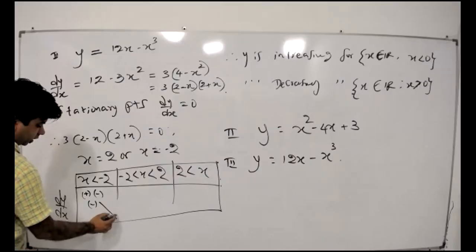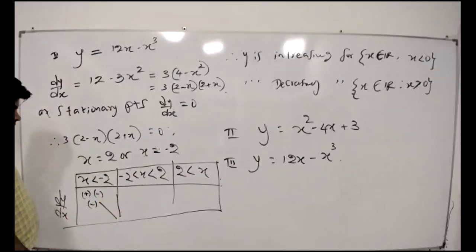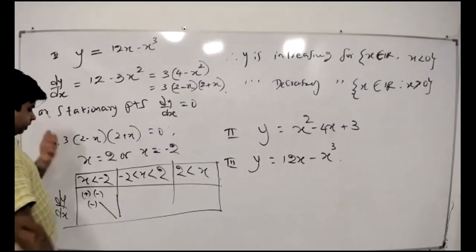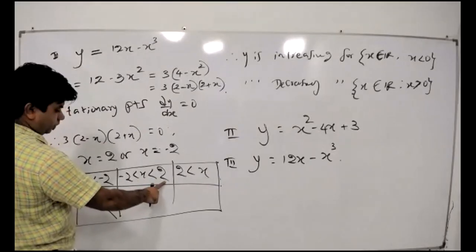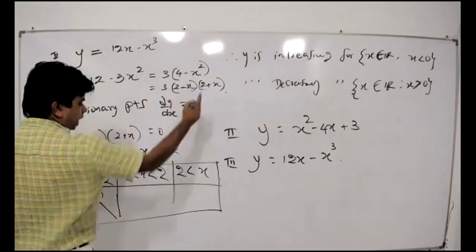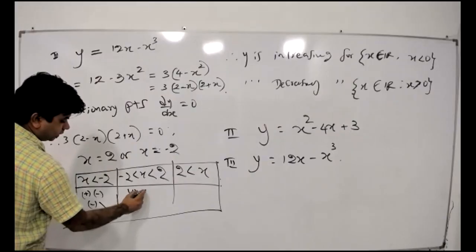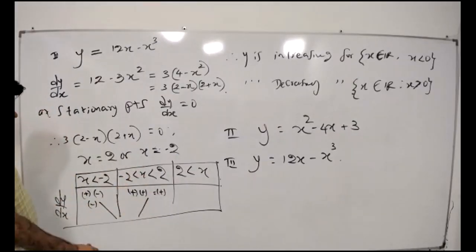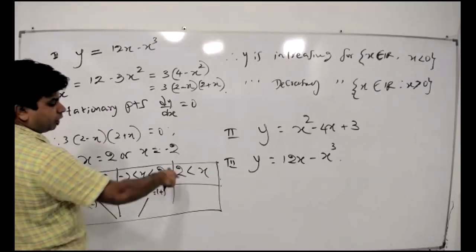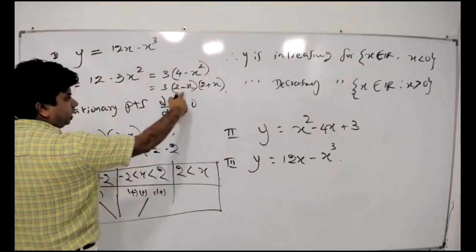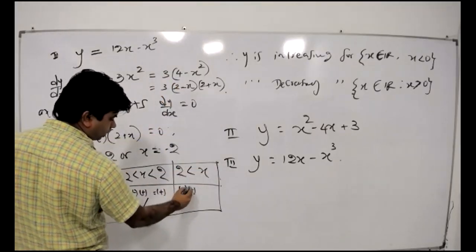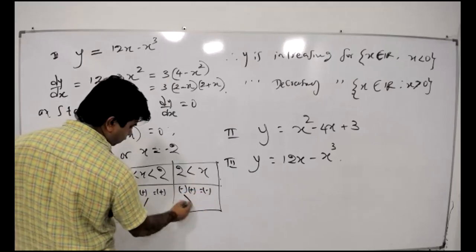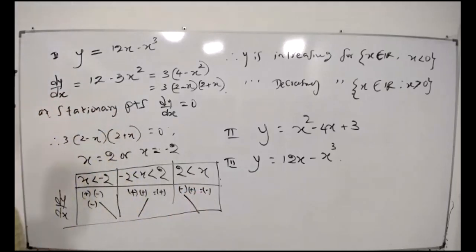The function is decreasing. In between minus 2 and plus 2, if you put 0, you get plus into plus as plus. The function is increasing in that range. If you put a value greater than 2, suppose 3, then minus into plus gives minus. The function is decreasing.